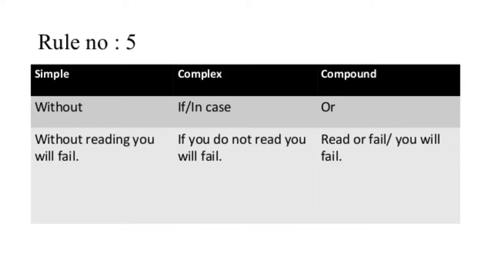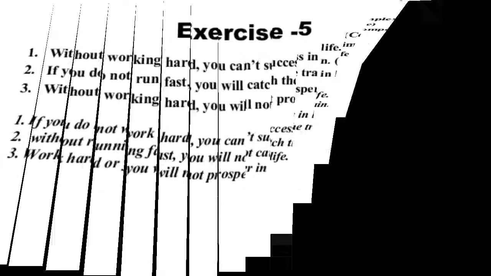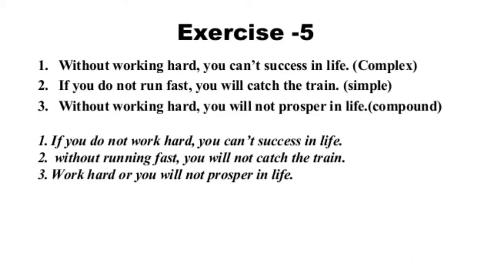So let's see the exercise examples for rule 5 now, children. Look at the first example in rule 5. Without working hard, you cannot succeed in life. What type of sentence is it, children? It is a simple sentence. In a simple sentence, we have to use the keyword without.